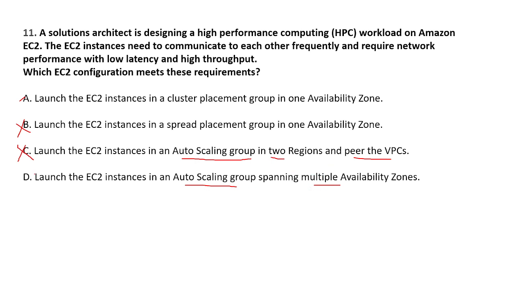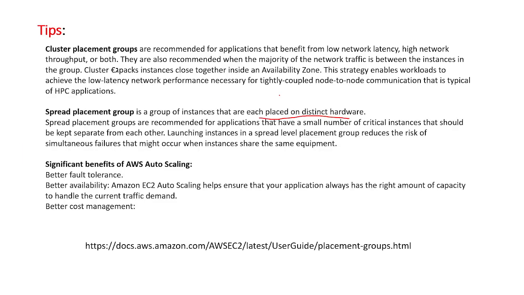So again it's not it, because the first answer looks much more positive for our requirement, because it's asking for the cluster placement group. Why? Let's go to the hints and tips. Cluster placement groups are recommended for applications that benefit from low network latency, high network throughput, or both.